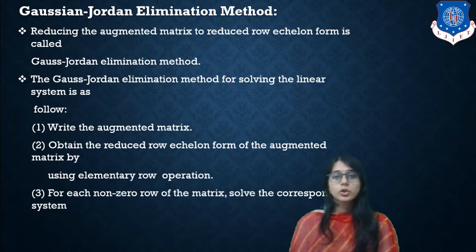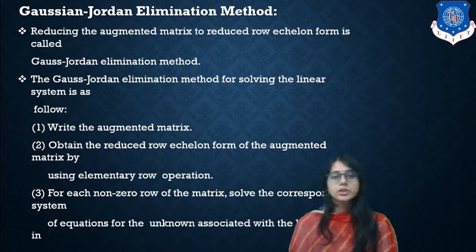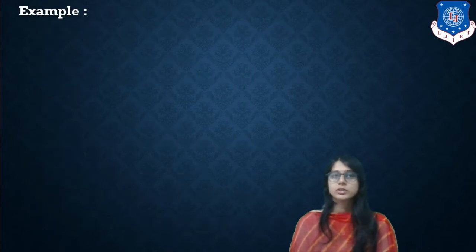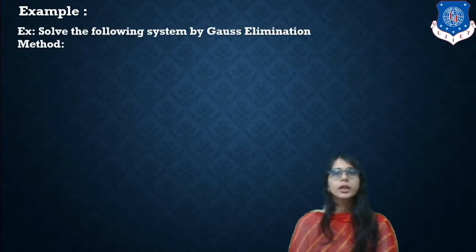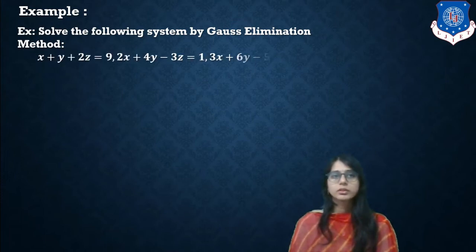For each non-zero row of the matrix, solve the corresponding equation for the unknown associated with the leading one. It is Gauss elimination or Gauss-Jordan method. Here, the Gauss elimination method leads to row echelon form and the Gauss-Jordan method leads to reduced row echelon form. Now taking an example, solve it using the Gauss elimination method.